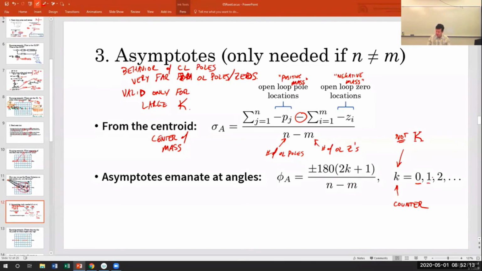Then you solve it for little k equals 1, you're going to get 2 angles out of that. Then you're going to solve it for k equals 2, and you're going to get 2 angles out of that. How do you know when to stop? You only need to get as many asymptotes as you have pole branches going to infinity. So let's actually work that out in our example problem.